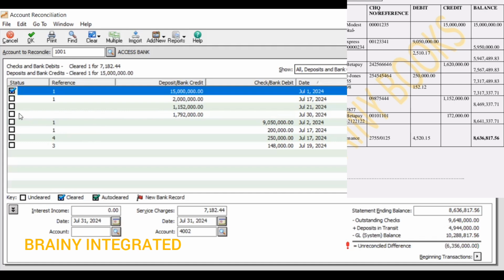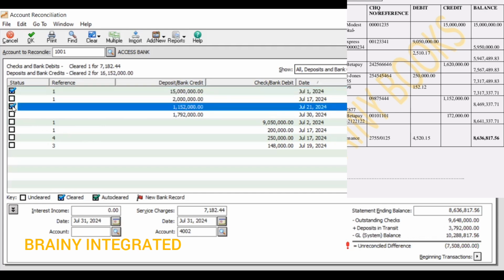Let's leave that. The next one is 1,152. I can see 1,152 in the bank statements at the credit side, so I'll tick on it. Okay. The next one is 1,792.